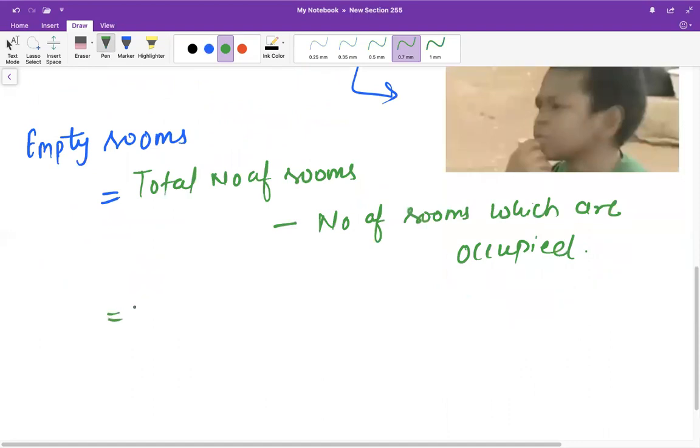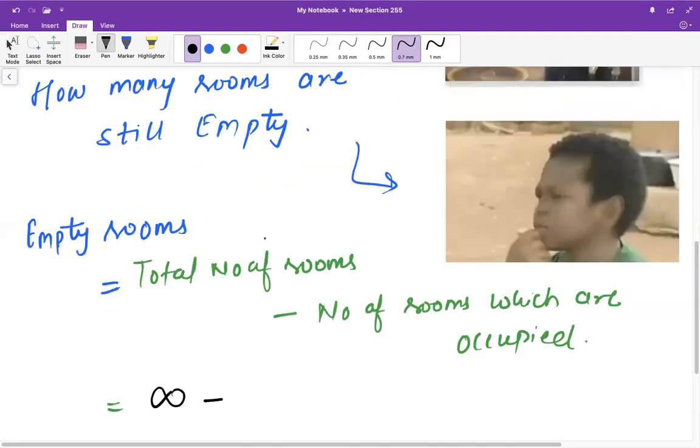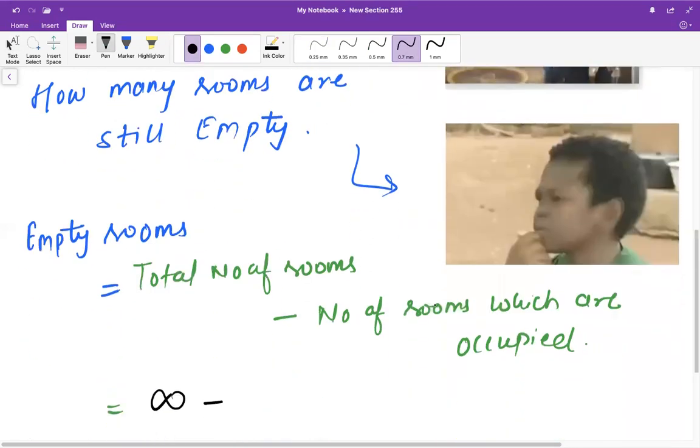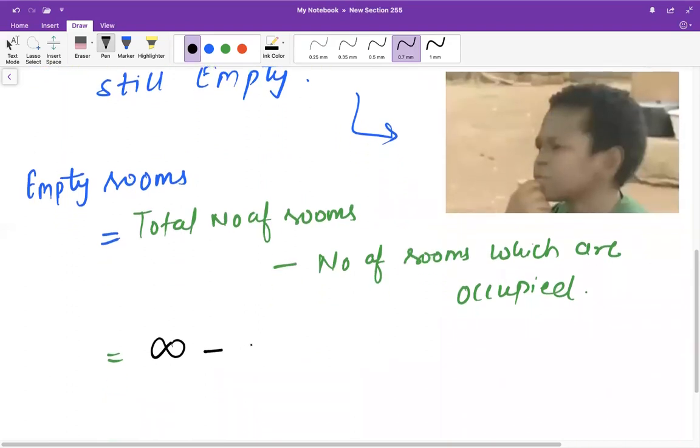In our case the number of rooms is given as infinite. Since the manager is saying that no rooms are empty, we are basically assuming that all rooms are occupied, so the number of rooms which are occupied is also infinity.